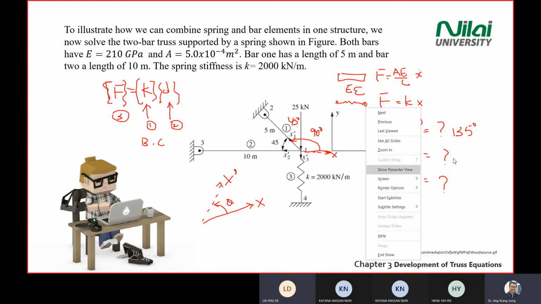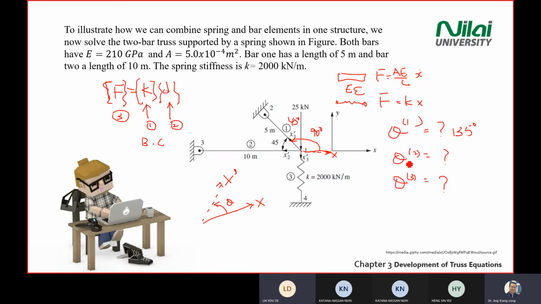Lai, your answer for element 2? 180. 180, correct. Singi, what is the angle for element 3? 270. Correct.